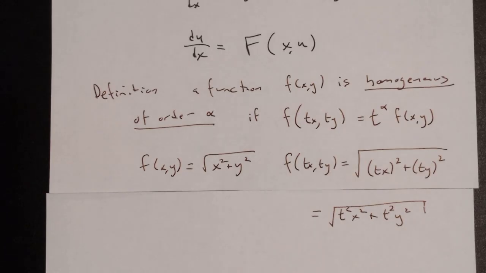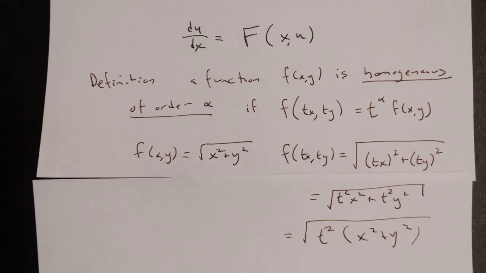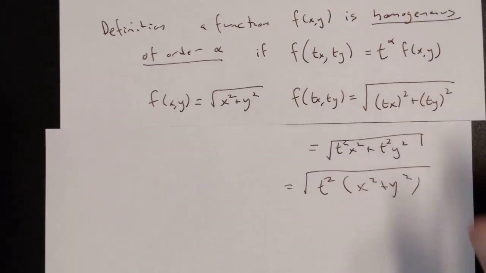Now remember, my definition of homogeneous talks about pulling those t's out. I've got a common factor. So let's take it out. This is the square root of t squared, x squared plus y squared. Hey, wait a minute. Now I'm multiplying in my square root. Now I can split it up.